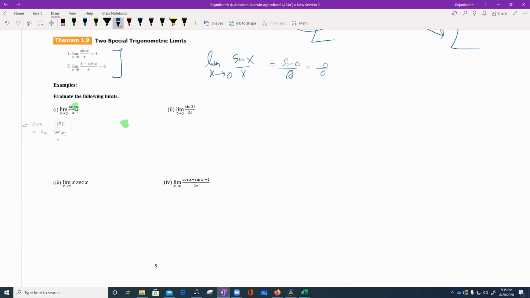But I already have x in the denominator, so you need to play a little bit around and rearrange this. I can rewrite this as sine x times 1 over cosine x, all over x, because when you multiply, you get back sine x over cosine x. Now this is the limit as x goes to 0 of sine x over x times 1 over cosine x.